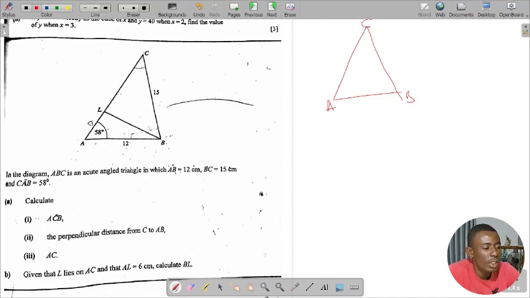So this is angle A. So to find side A, it's opposite angle A. So this is side A. This is angle B. This is side B. This is angle C. This is side C as well. So this is how you identify angles and sides of a non-right angle triangle.